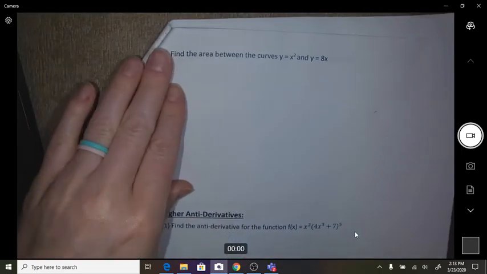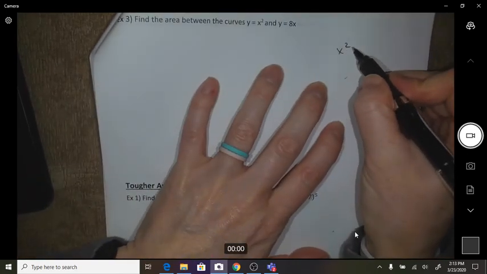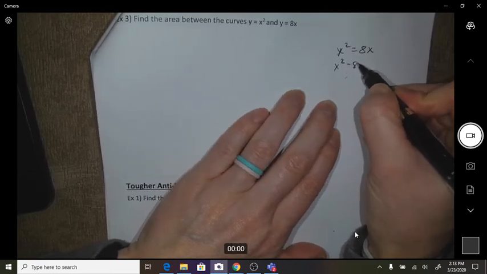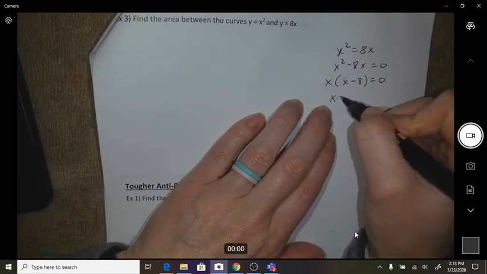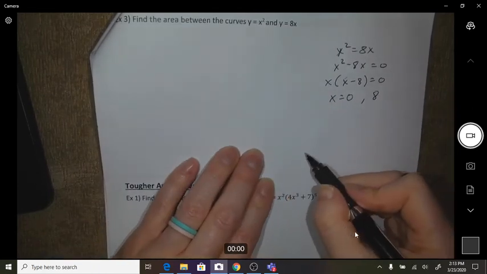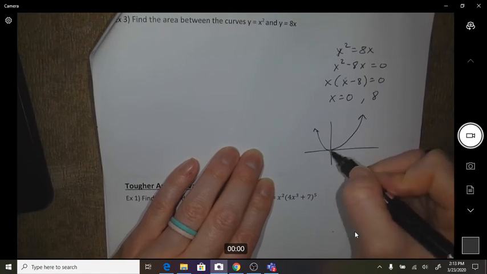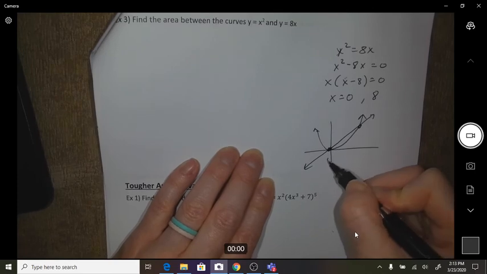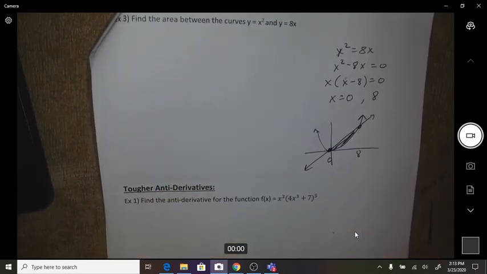Okay, one more. Find the area between these two curves. So where does this equal this? So again, I'm going to move over, factor, so they equal each other at 0 and at 8. You visually want to see one's a parabola and one's a line that intersect at 0 and at 8, and I'm trying to find the area between.